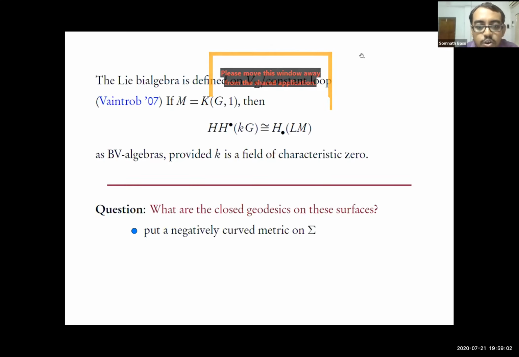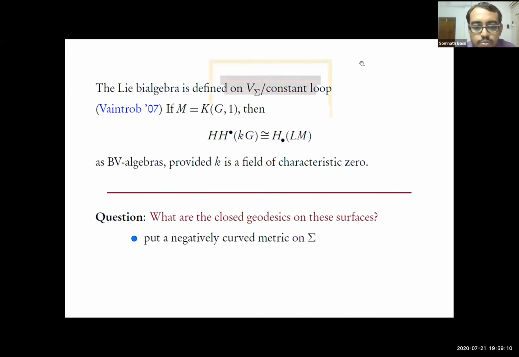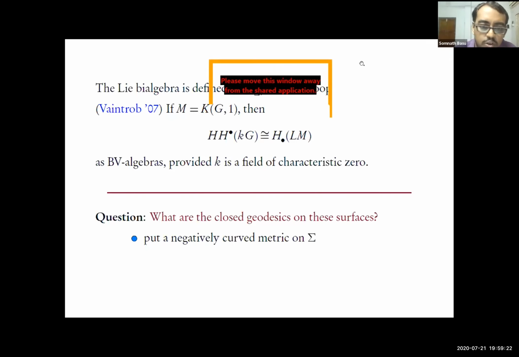No. There is a spectral sequence which Cohen-Jones and Yan use to get the loop product on LM, but there are extension issues, as in any spectral sequence, and they only managed to do it for CP^N and S^N, where they computed the full loop product algebra on H star of LS^N or H star of LCP^N.